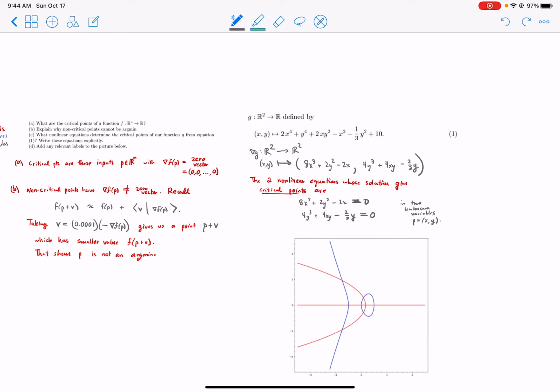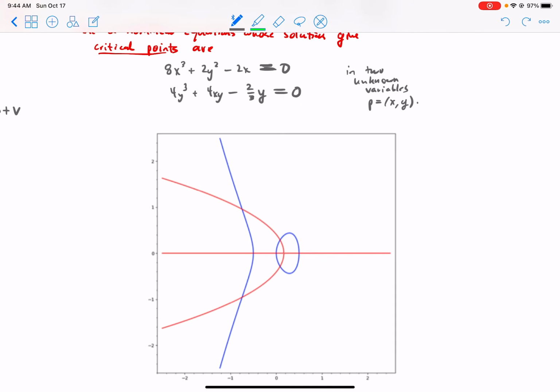Done. D, add any relevant labels to the picture below. So I need to label this picture. Okay, so first, we have two equations and we have two curves. So I'll put an arrow here. Well, maybe in red for words.